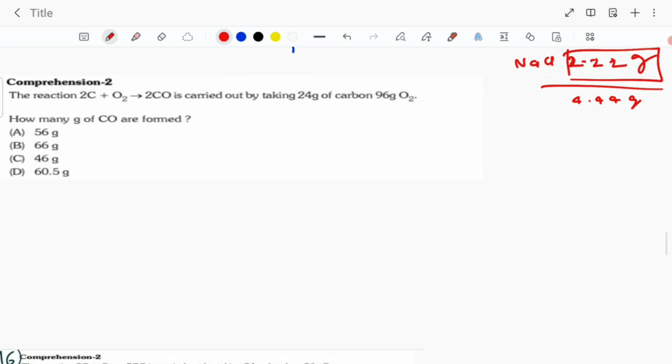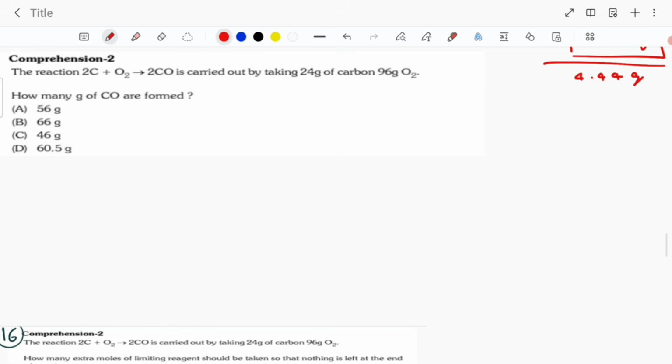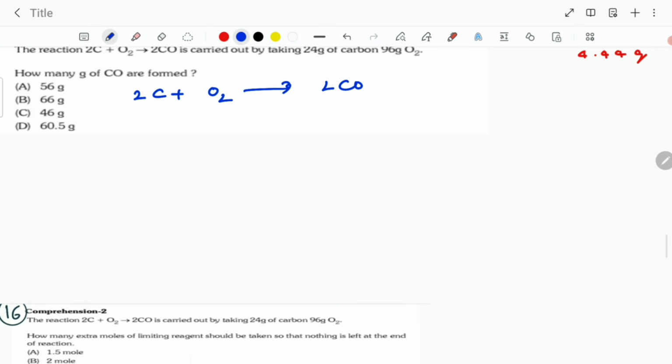Okay. Next, the reaction 2C plus O2 giving 2CO is carried out by taking 24 grams of carbon and 96 grams of O2. How many grams of carbon monoxide are formed? So see how to calculate. In this reaction, 2 carbon plus O2 gives 2CO, as given in the question.